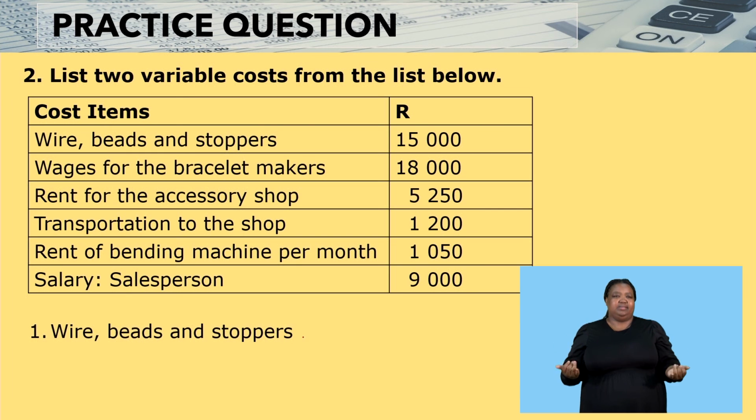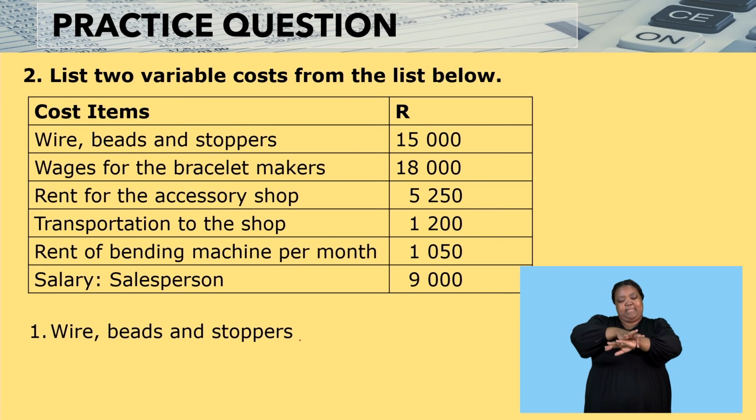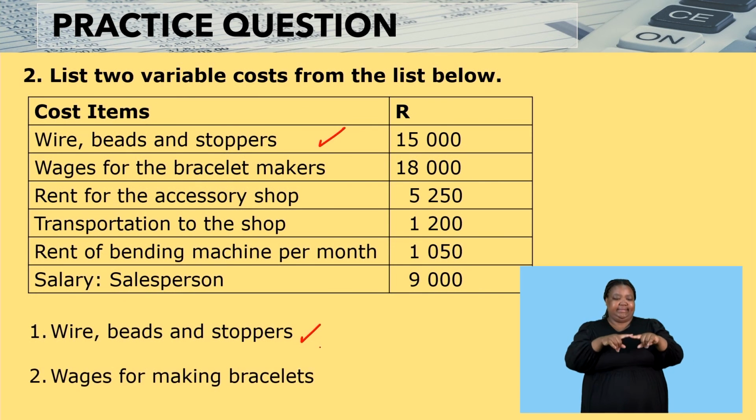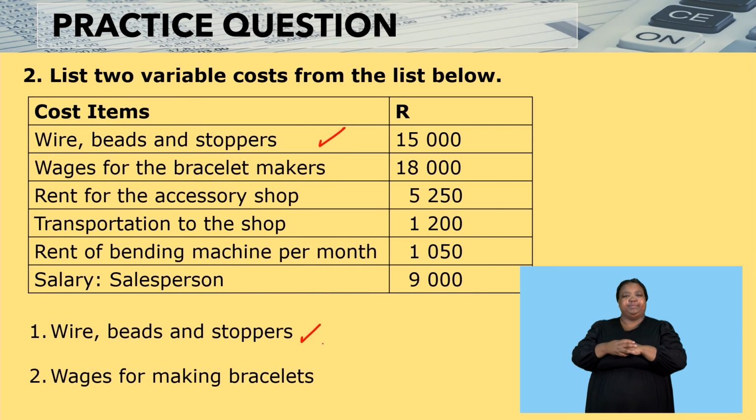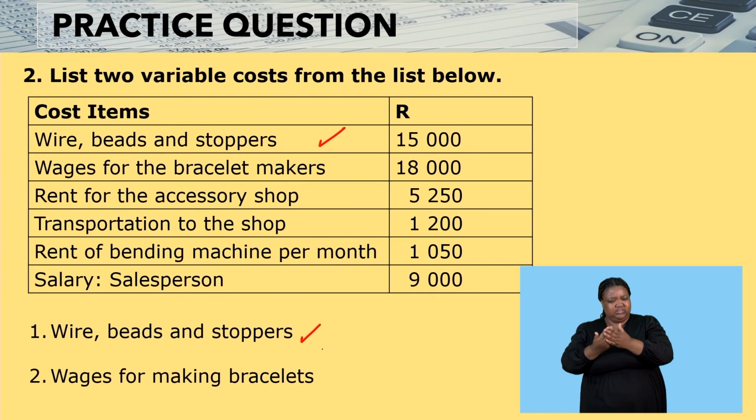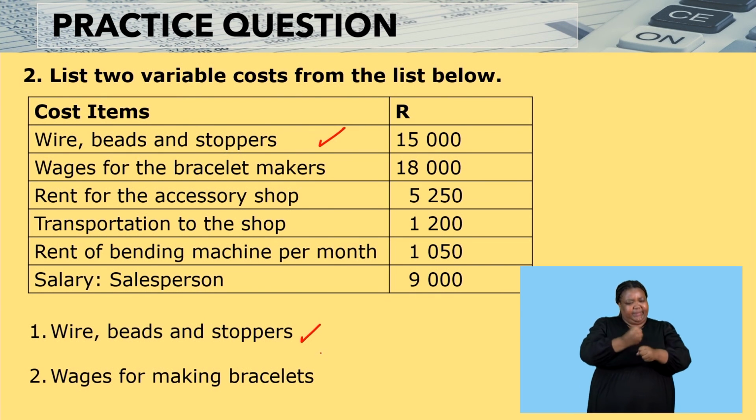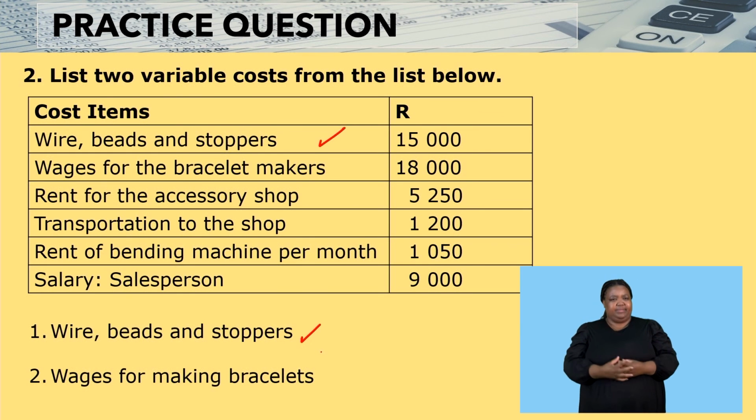The first one is going to be the wire, beads and stoppers. These will vary. They will change depending on the number of bracelets that we produce. Number 2, wages for making the bracelets. The wages will also vary depending on the number of bracelets that we produce.